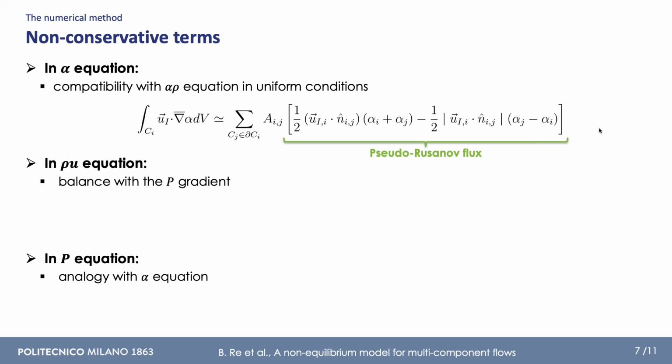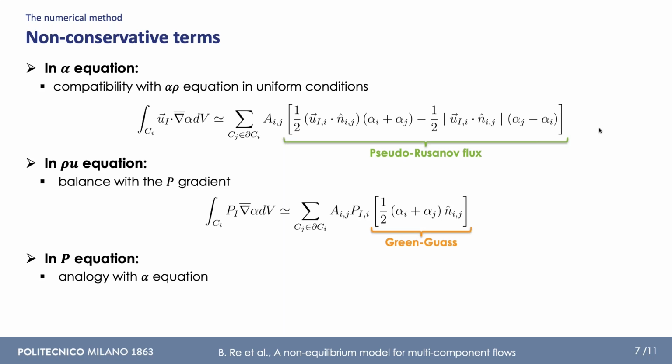Comparing this with the volume fraction equation, we have a discretization for the non-conservative terms in the volume fraction equation, which clearly depends on the discretization of the convective flux that we have used in the density equation. So the main drawback of this approach is that if we change the discretization of the convective term, we have to change also the discretization of the non-conservative term. But the main advantage is that this procedure is robust.